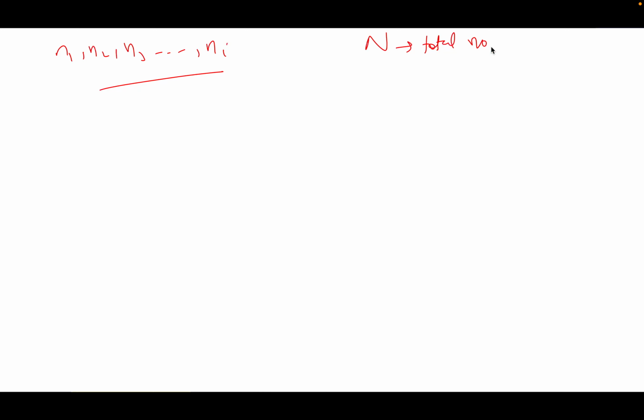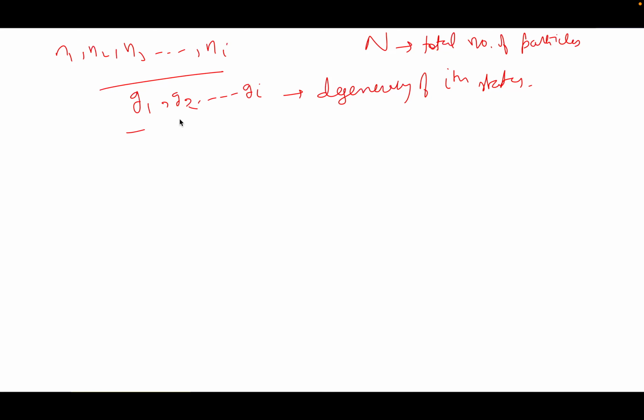What if degeneracy is also given? For each state there is degeneracy. So let's say n1, n2, n3 up to ni are the number of particles in the i states, n is the total number of particles, and g1, g2 up to gi is the degeneracy of each state: for the first state g1, for the second g2, and for the ith state gi.